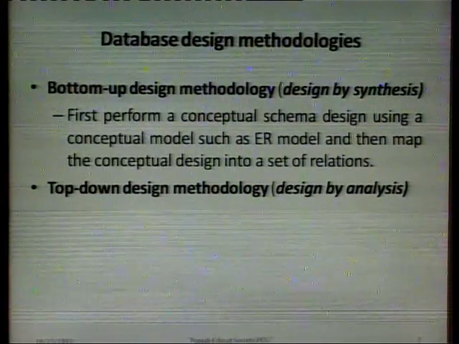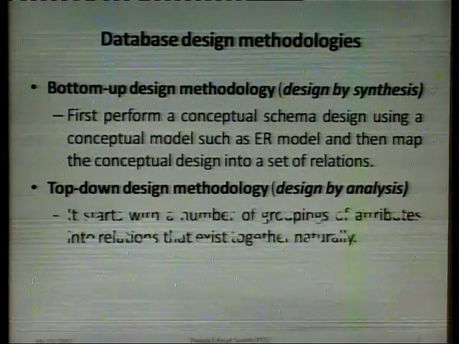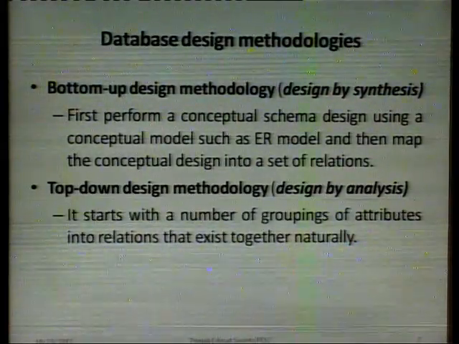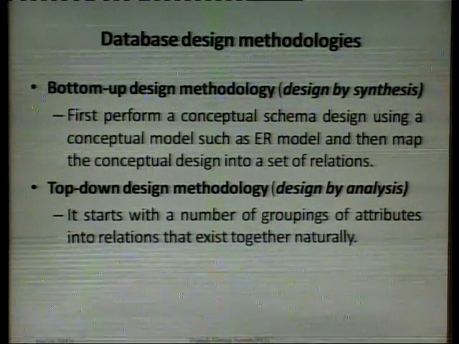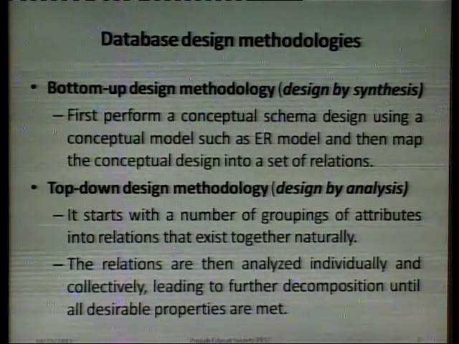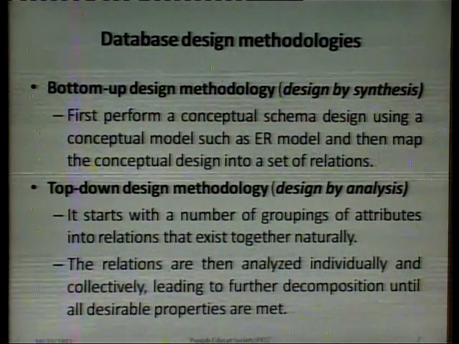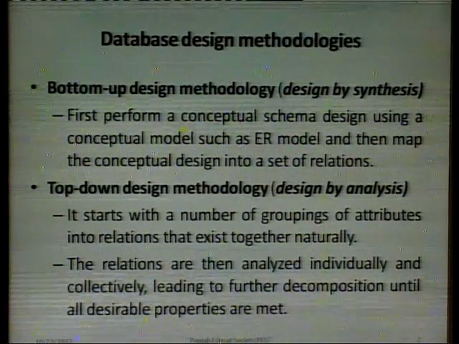Second is the top down design methodology, which is also called design by analysis. Here we start with a number of groupings of attributes into relations that exist together naturally, and then the relations are analyzed individually as well as collectively, leading to further decomposition until all desirable properties are met.